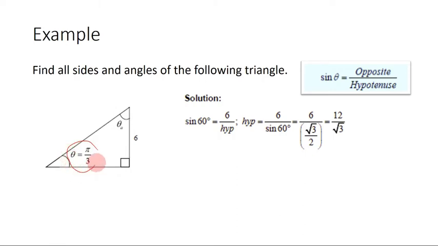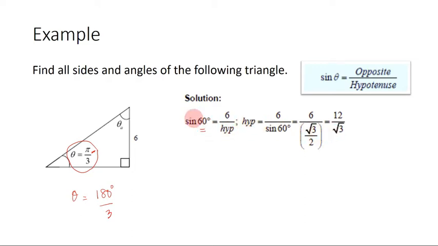angle. But since we have pi here, and I want to use degrees for this angle, we know that pi is equivalent to 180 degrees. So divided by 3, we get 60. So it's equal to 6 over hypotenuse.